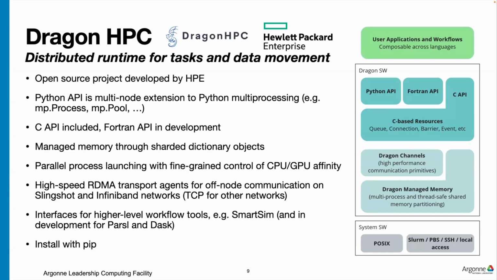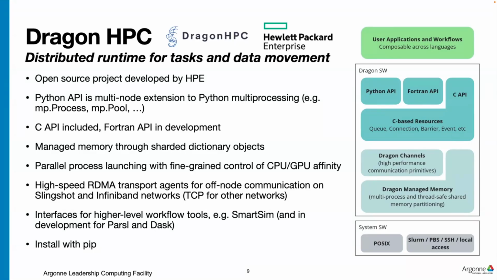There are two main APIs: a Python API and a C API. There's a Fortran API in development, though I'm not sure what the status of that is currently. Today we're going to focus mainly on the Python API because I think it has some interesting and useful features.